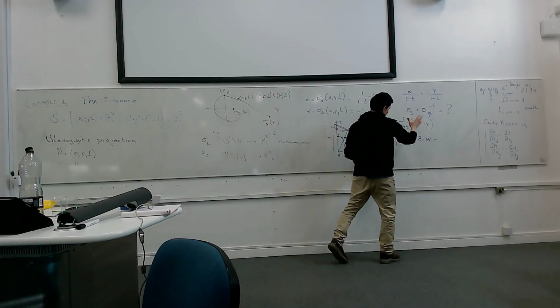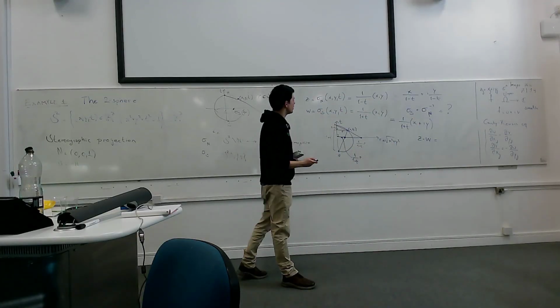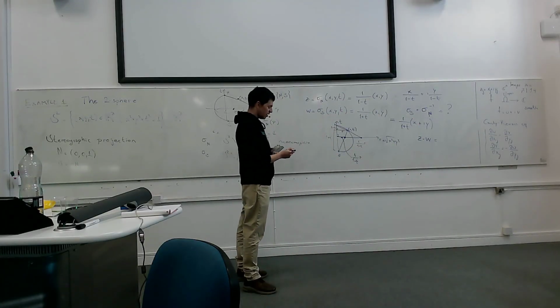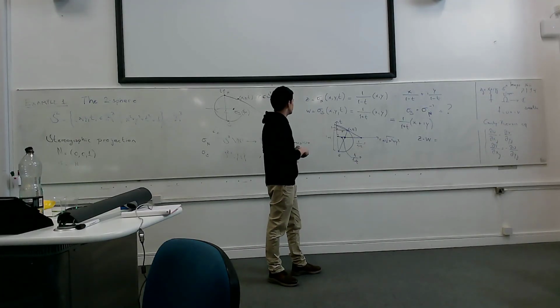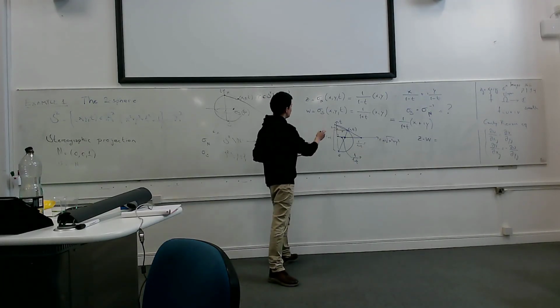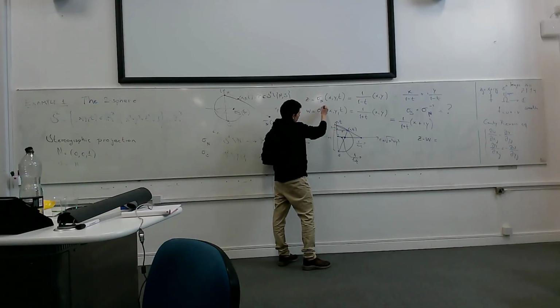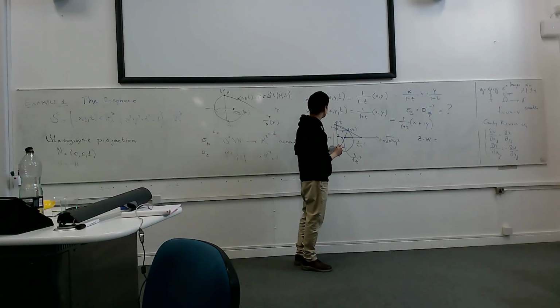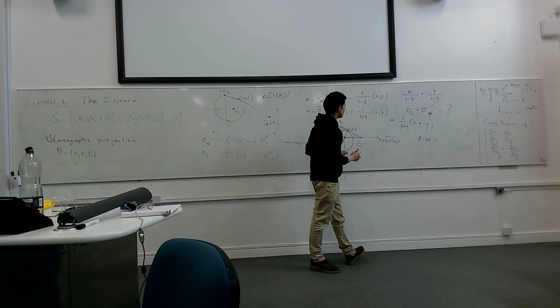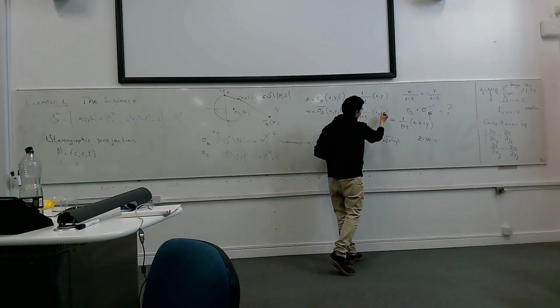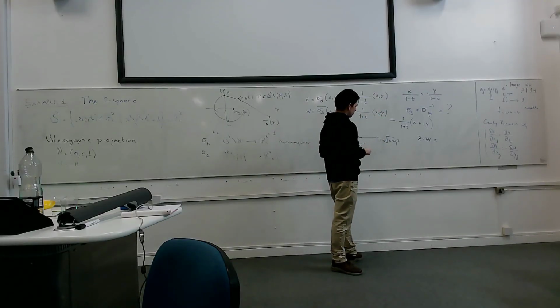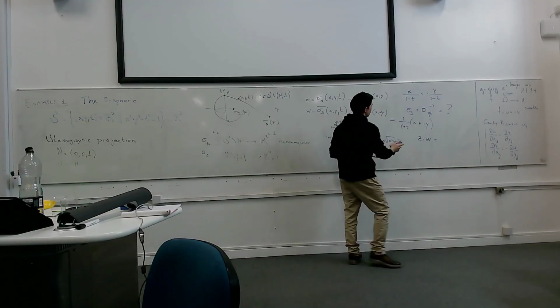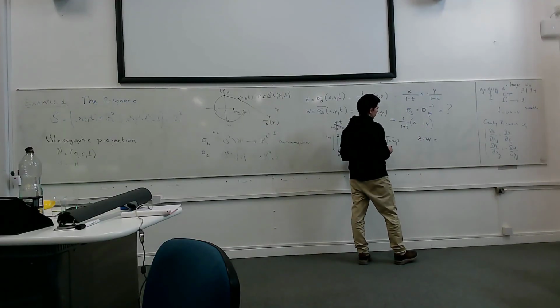You have these two complex numbers. But here is where this subtle point comes: it's better to take the complex conjugate in one of them. So what we do is we take the complex conjugate, let's say of the south pole. Complex conjugate changes the sign of the imaginary part. So then this thing becomes a minus.